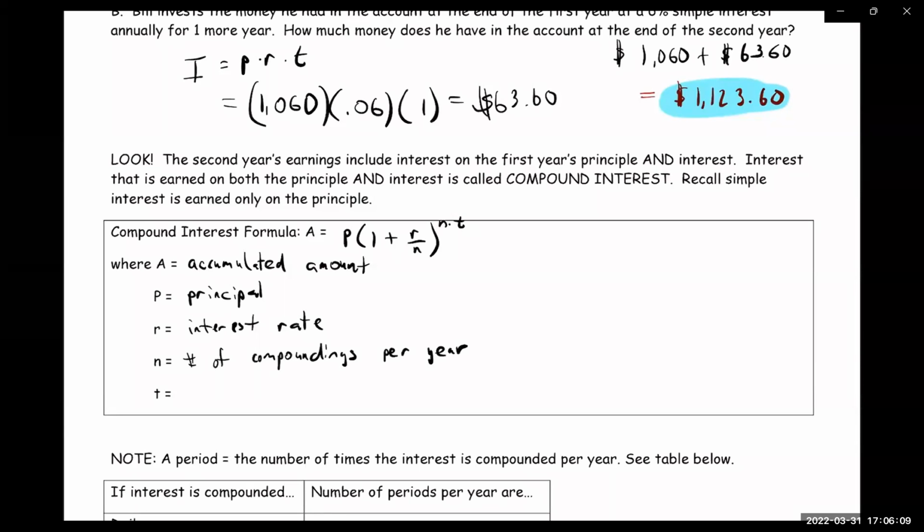So sometimes they'll say quarterly. Quarterly means 4 times a year. Sometimes they'll say monthly. Monthly means 12 times a year. Sometimes they'll say daily. So that'll be 360 times a year. T is the number of years, or time in years.